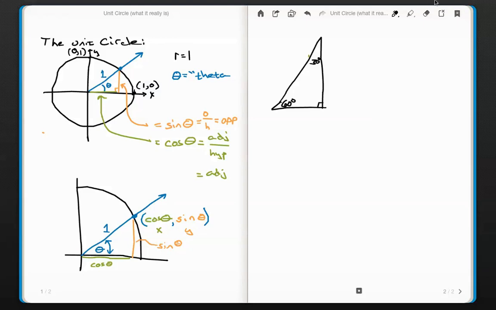What did we learn about that? The short side we're going to call x, the hypotenuse worked out to be 2x, and the longer leg was x times the square root of 3.